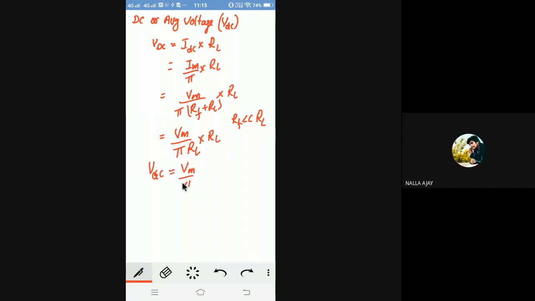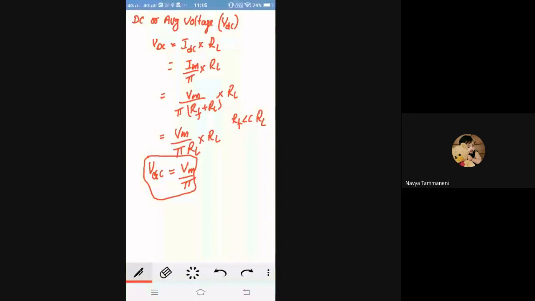So what is the equation for I_DC of a rectifier? I_m by pi. What is the V_DC of a rectifier? V_m by pi. I think everyone understands these derivations.